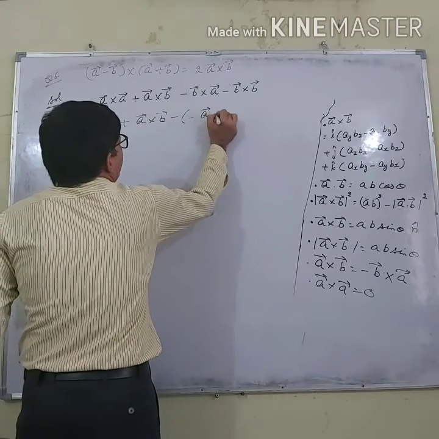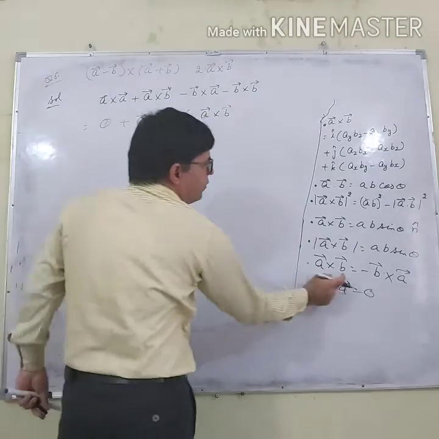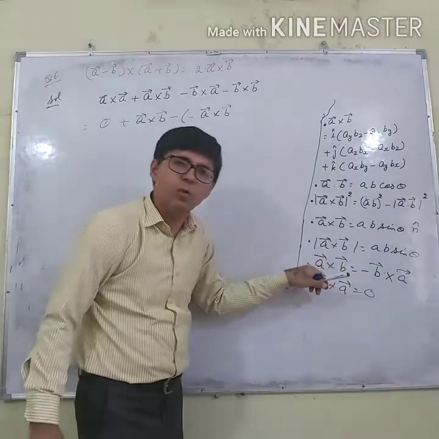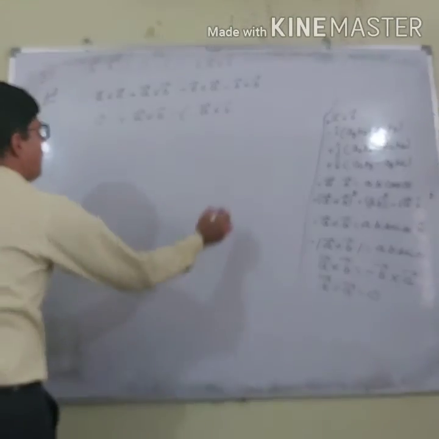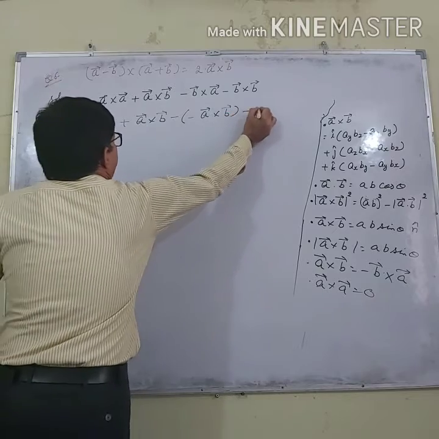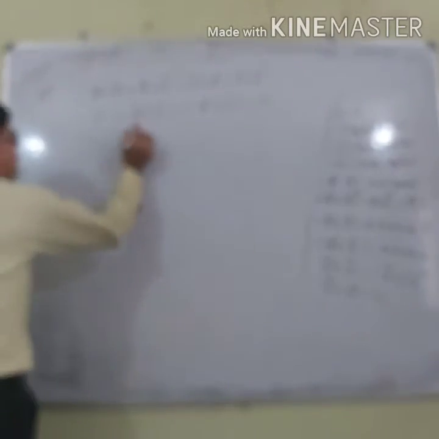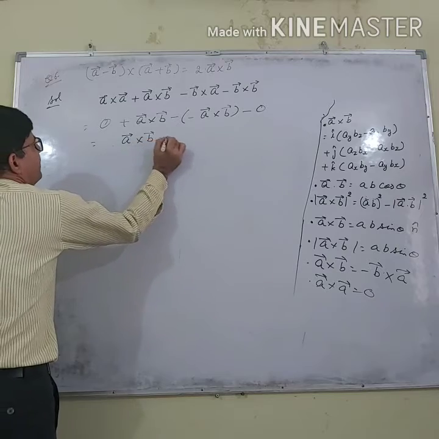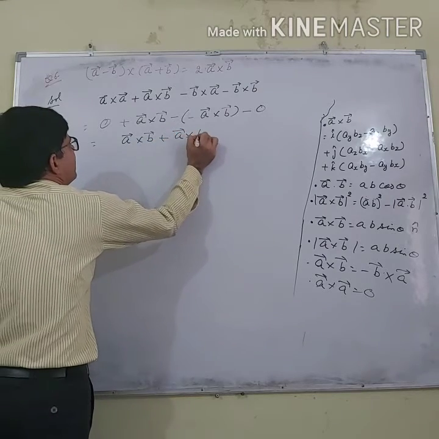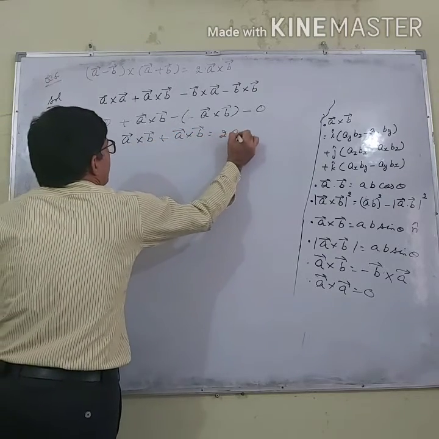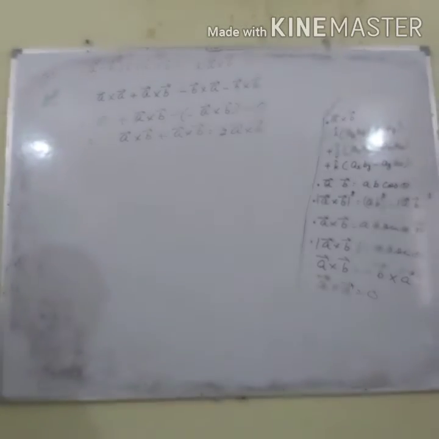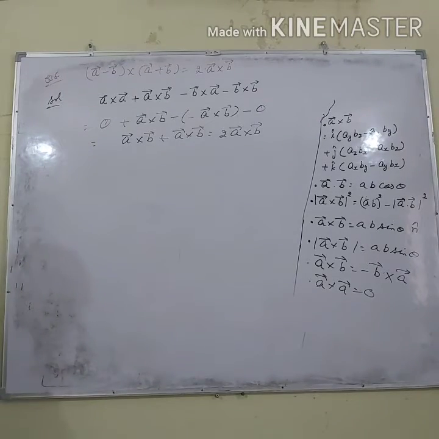Because b cross a is equal to minus a cross b, so minus minus a cross b, minus 0. So this is a cross b plus a cross b, it is twice of a cross b. Right, so it is twice of a cross b. So very simple question.